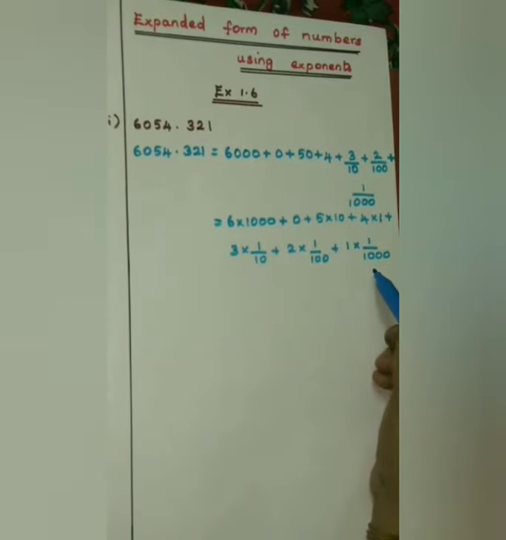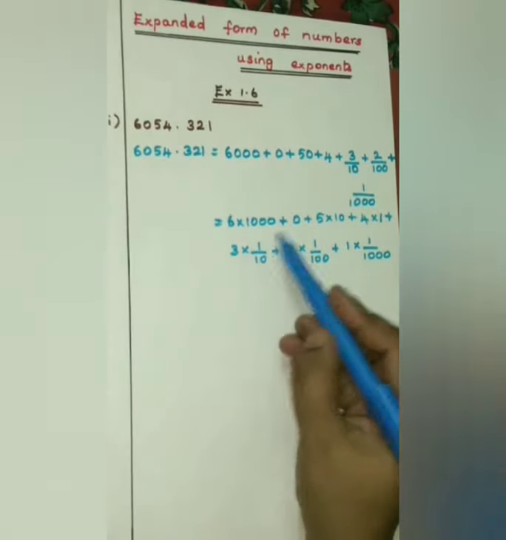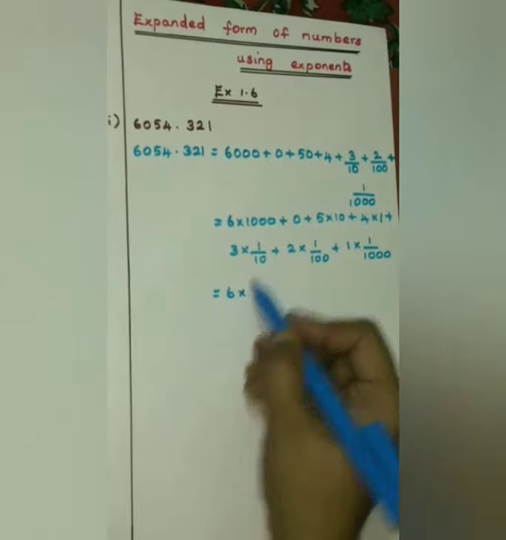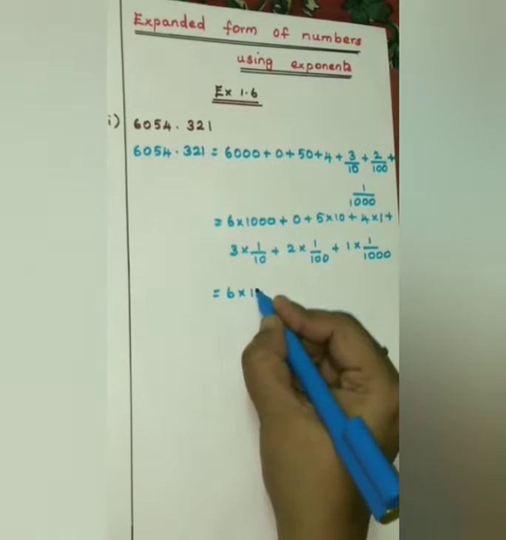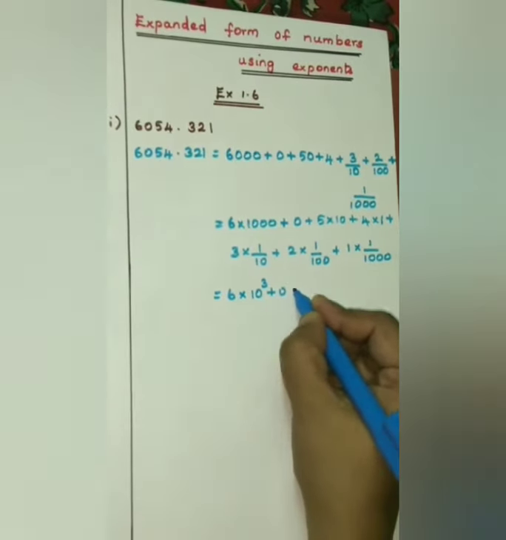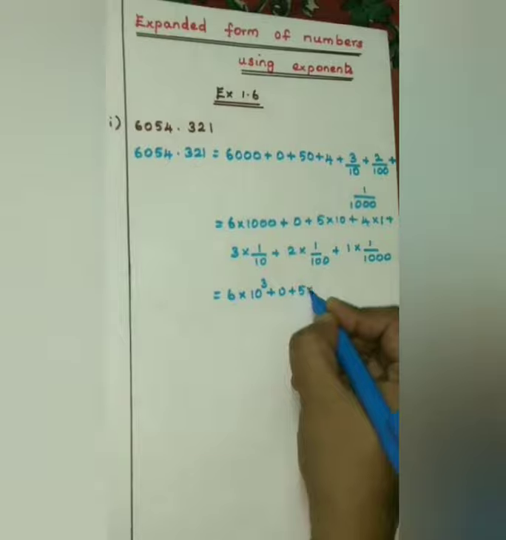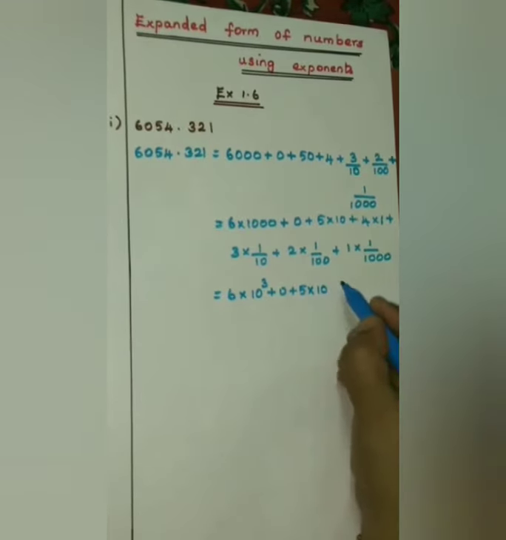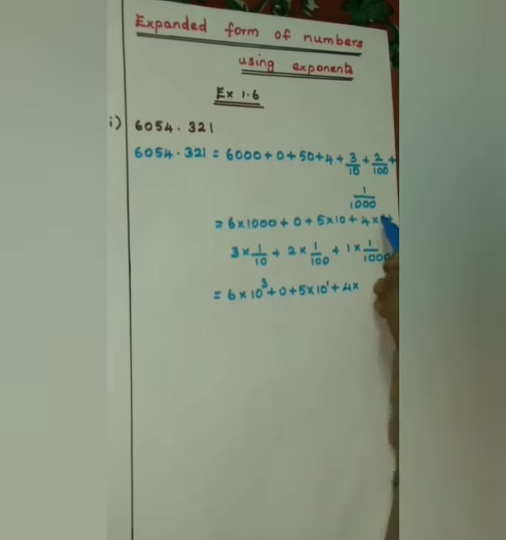In the next step, you expand this using exponential notation. So 6 into 1000 can be written as 10 to the power 3 plus 0 plus 5 into 10 to the power 1 plus 4 into 10 to the power 0, because any number to the power 0 remains 1.